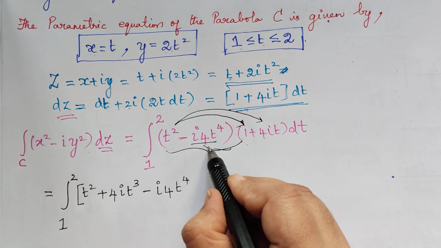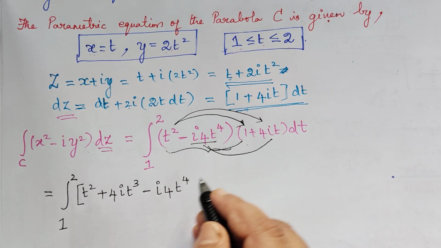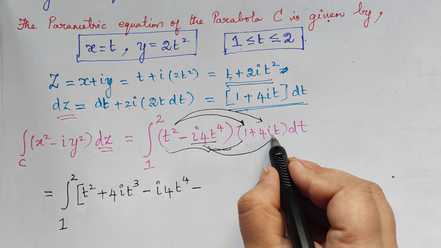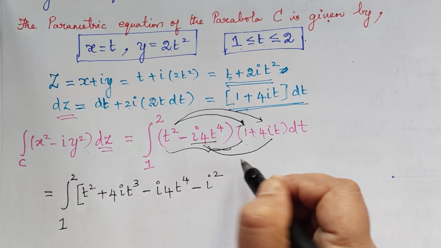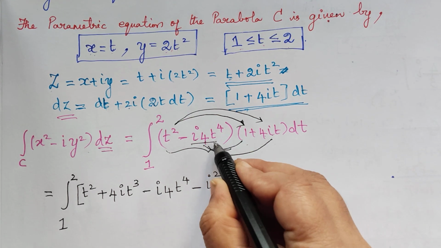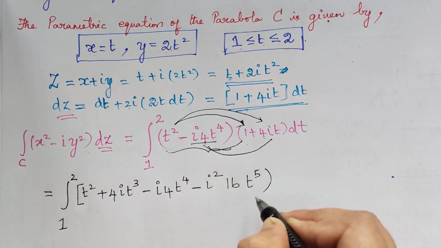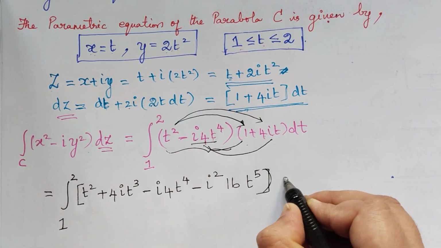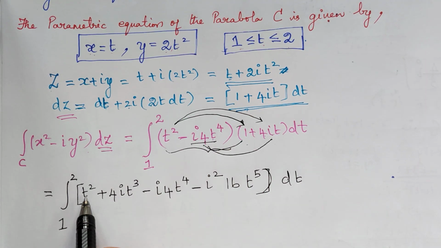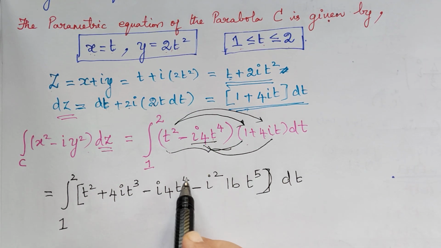And then this multiplied with 4it: first of all, minus into plus will be minus, i multiplied with i will be i square, and then 4 multiplied with 4 is 16, and t power 4 multiplied with t will give us t to the power 5, all dt. Now we cannot combine the powers, because all the t powers are different.